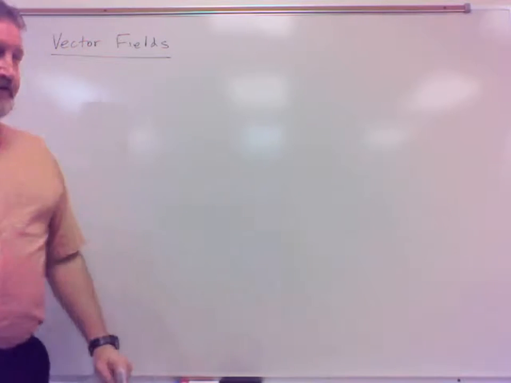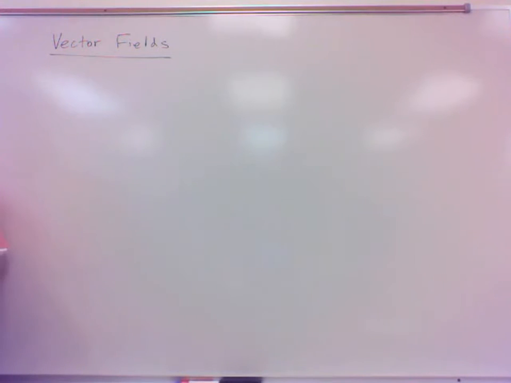All right, let me talk to you today a little bit about, first of all, vector fields. A vector field in 2 dimensions, or extended to 3 dimensions or beyond, I guess, is a function that we denote this way, F with the vector symbol on it, or in most books it'll be boldface.